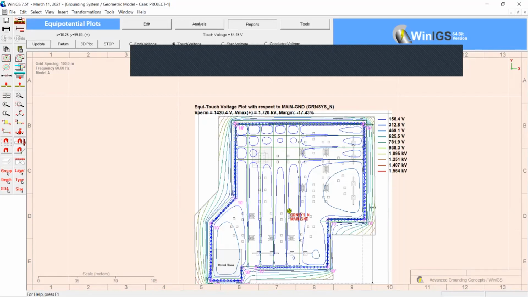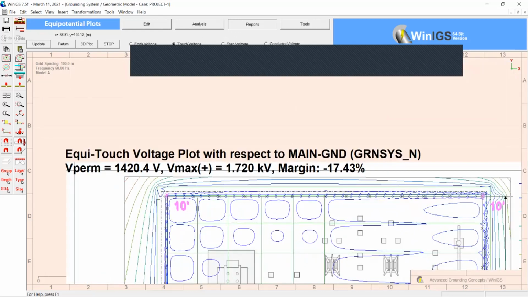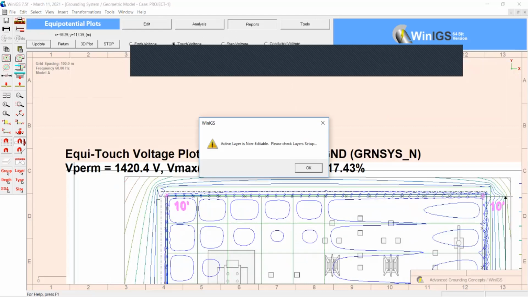In the same way, 10 points inside the substation, 1 meter away inside the fence. This is your choice. You can choose whichever points you want, but corners you will definitely choose. Corners and other points together: 10 points outside and 10 points inside, 1 meter away. Okay, so you can see here, see this one.